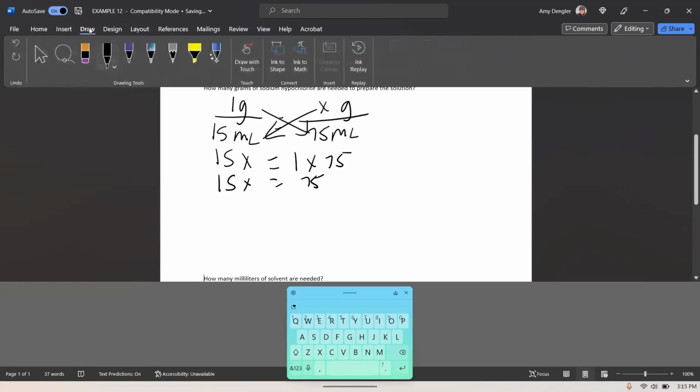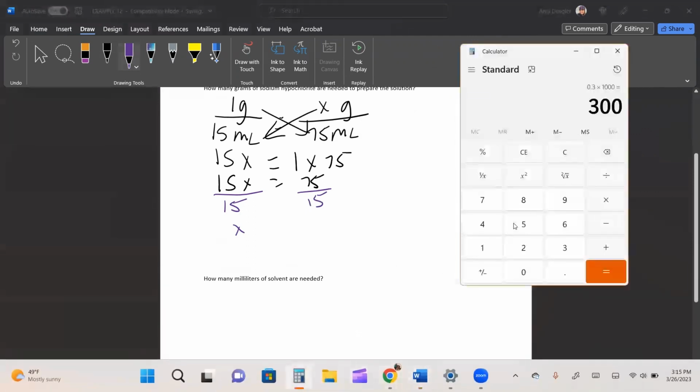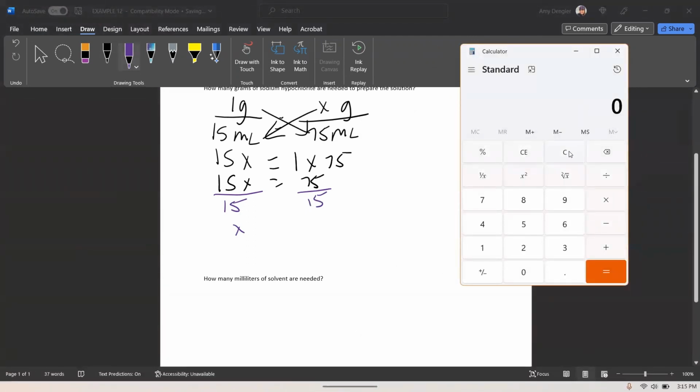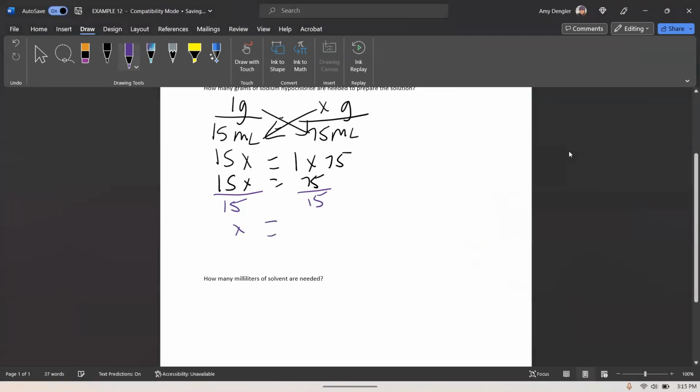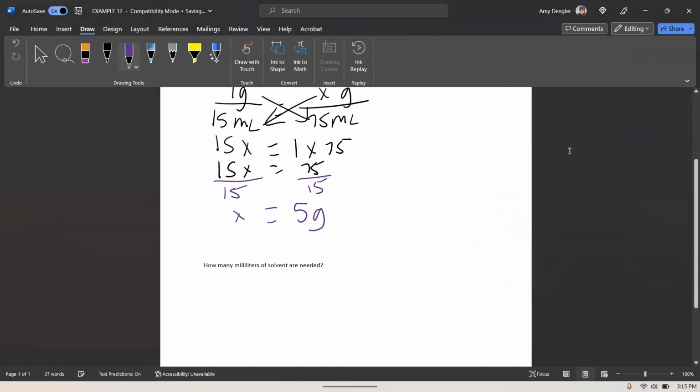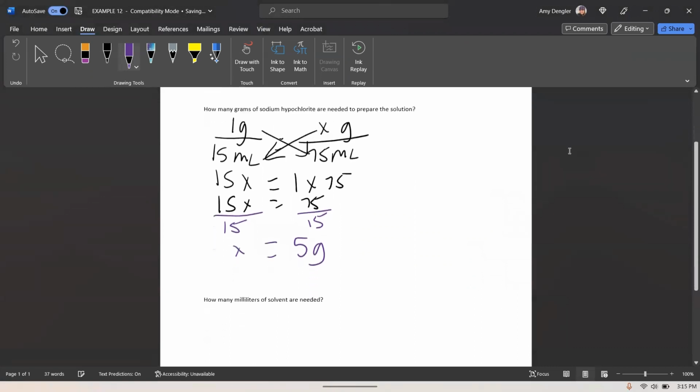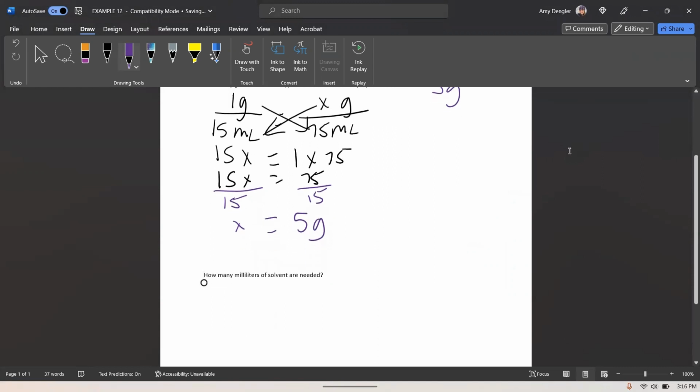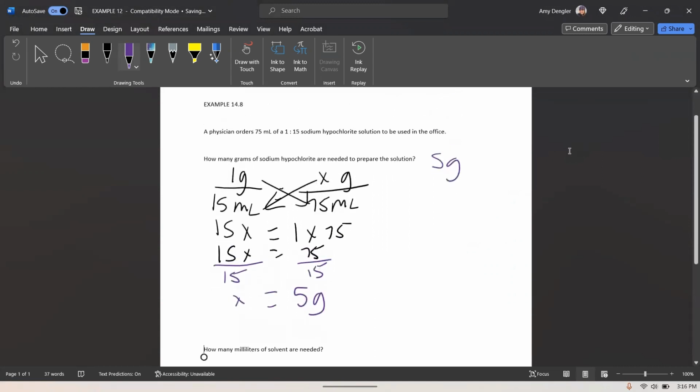And we want to get x alone, so we need to get rid of that 15 on this side. And then we also have to divide that side by 15 as well. So that is going to give us 5 grams. And then that's the answer to here, but then how many milliliters of solvent are needed?